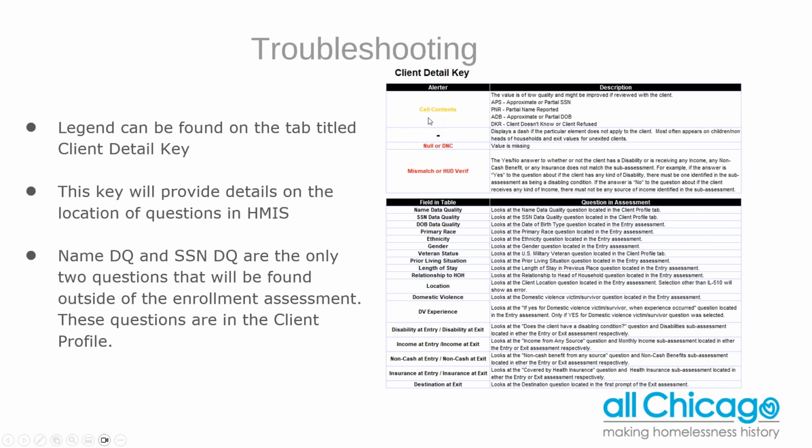But as you can see in the chart, we have cell contents. So if the cell is yellow, it's representing not an error, but low quality data. So approximate social security numbers or partial names or partial date of births, those will be reported in a yellow color.